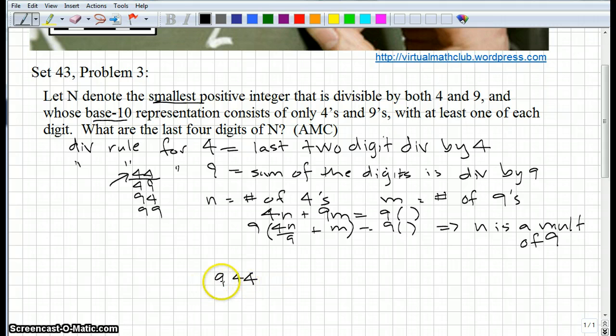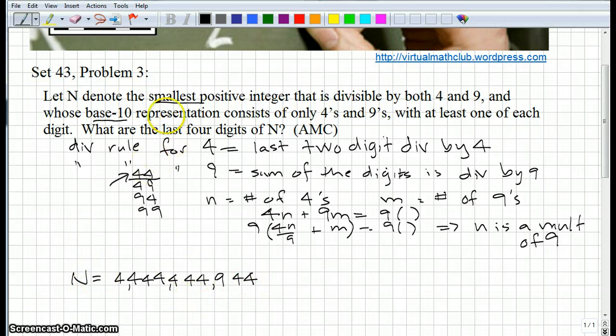The last 2 digits have to be 4, 4, so the smallest place value where we can put the 9 is right before them. The rest have to be 4s, for a total of 9 4s: 1, 2, 3, 4, 5, 6, 7, 8. Oh, we have to have one more. So that's what our number looks like: 9 4s, which sum to a multiple of 9, and one 9, and that's n.